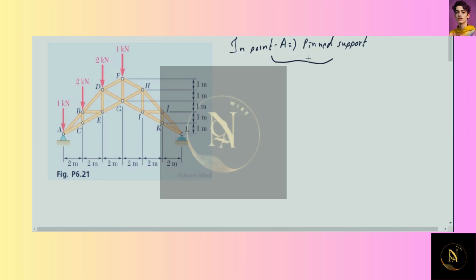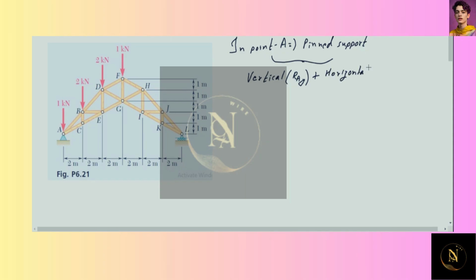Because of this type of support, there will be one vertical force. Let's name it as RAY, and there will be another horizontal force also.